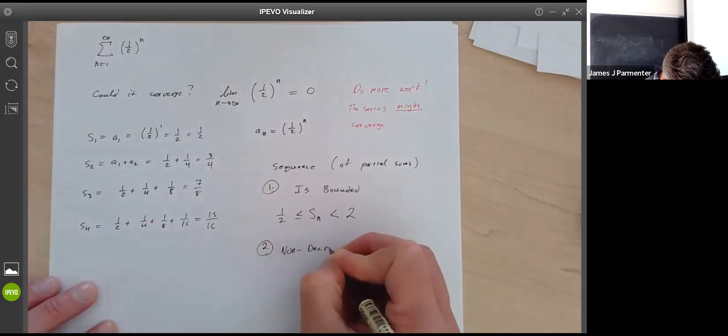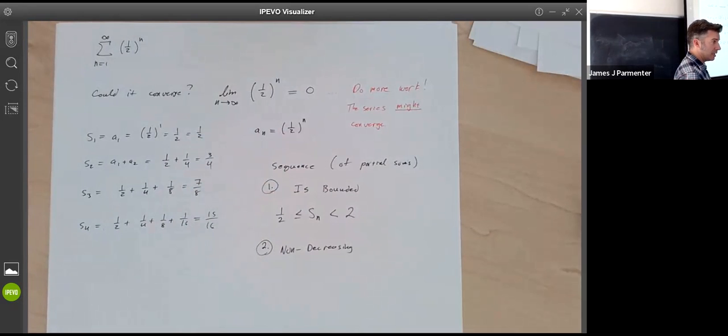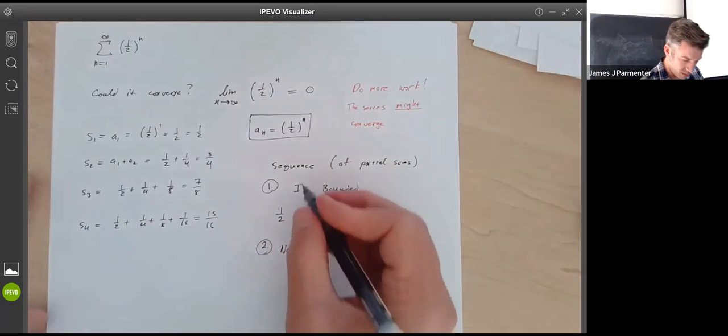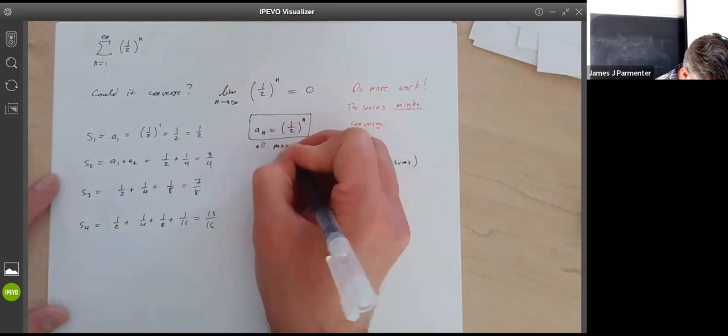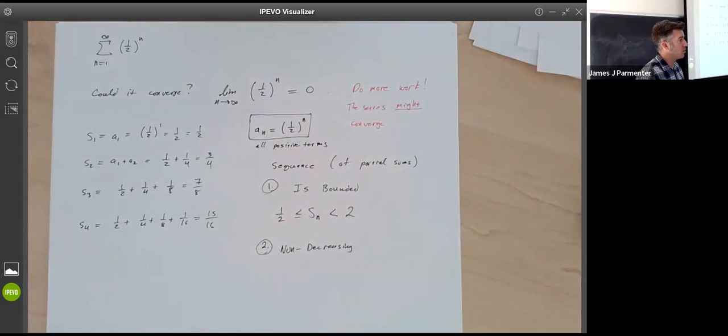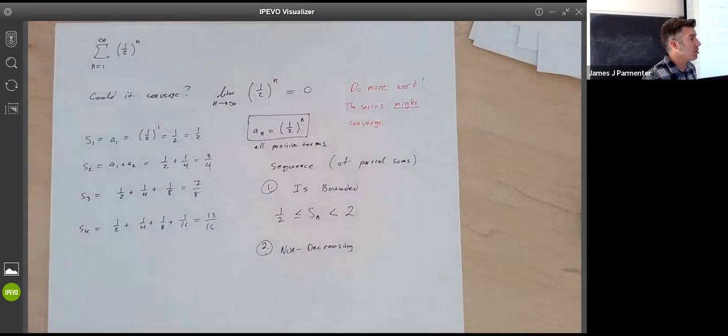non-decreasing, or increasing would be a nicer thing to say here. This is what's great about sequences of partial sums: if your original sequence has all positive terms, so my original sequence, a sub n equal to 1/2 to the n, all the terms definitely positive, without a doubt, then your sequence of partial sums has to get larger.